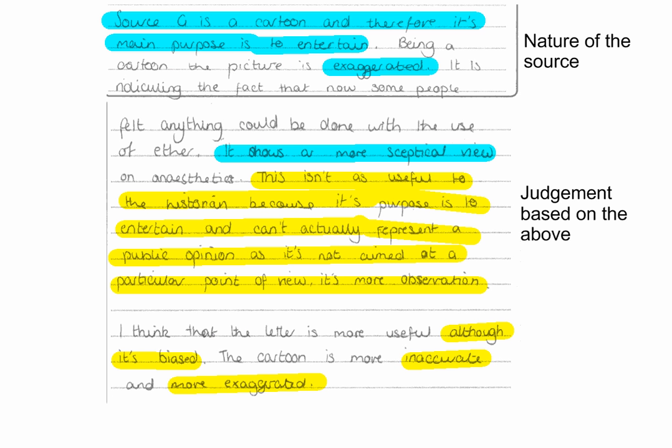But now we see it moving on. Source G is a cartoon, and therefore its main purpose is to entertain. Being a cartoon, the picture is exaggerated. It is ridiculing the fact that now some people felt anything could be done with the use of ether. Here we see the nature being applied. The nature of the source is to entertain. Therefore it's an exaggeration.